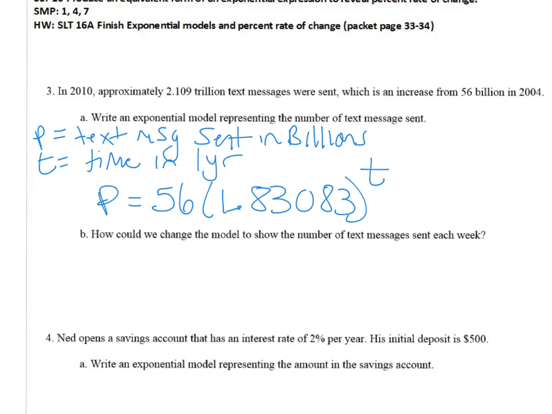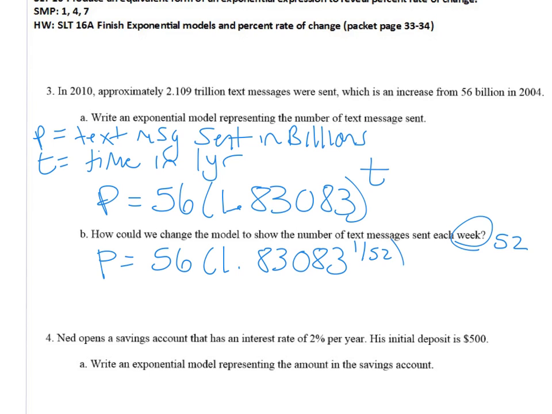And there's our equation. So each week, there's 52 weeks in each year. So I'm going to change my exponent. Now we're going to calculate this in our calculator.